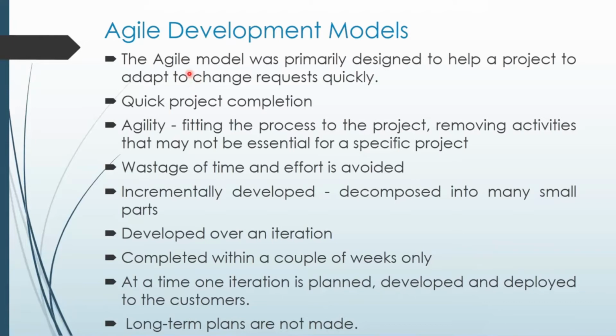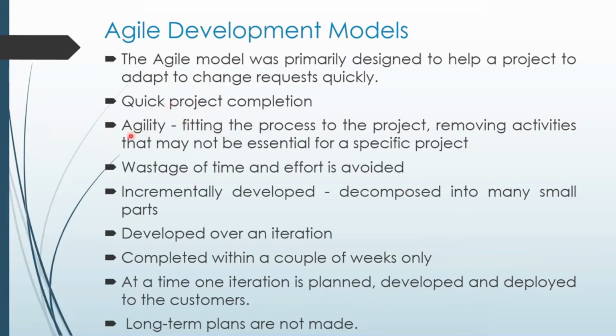By using agile development, it helps improve the project, enhance it and adapt to the required changes. So it is a quick project completion. We can complete it quickly without taking more time.